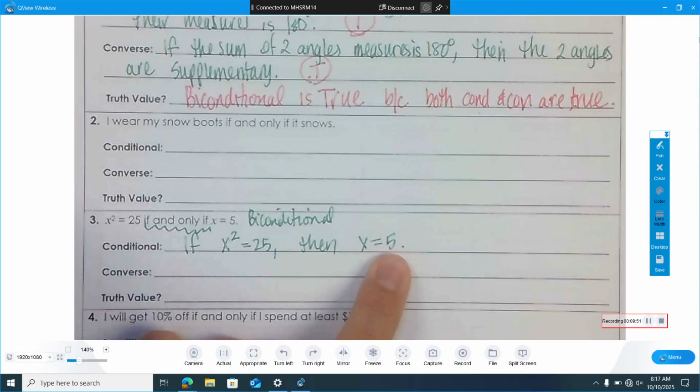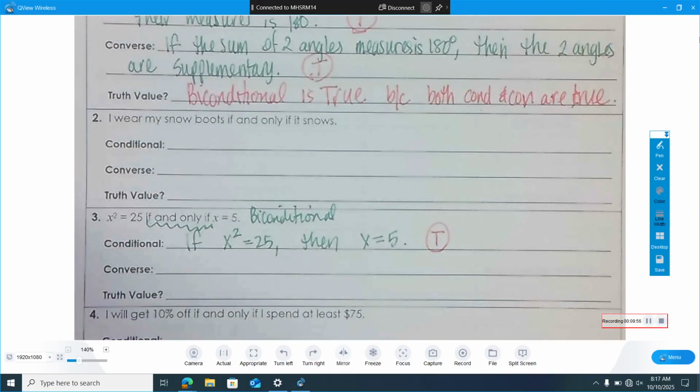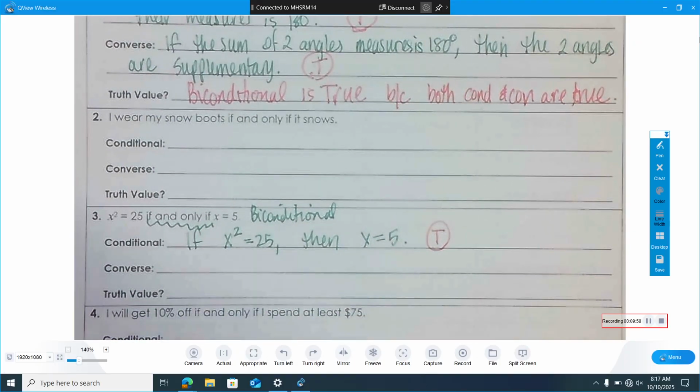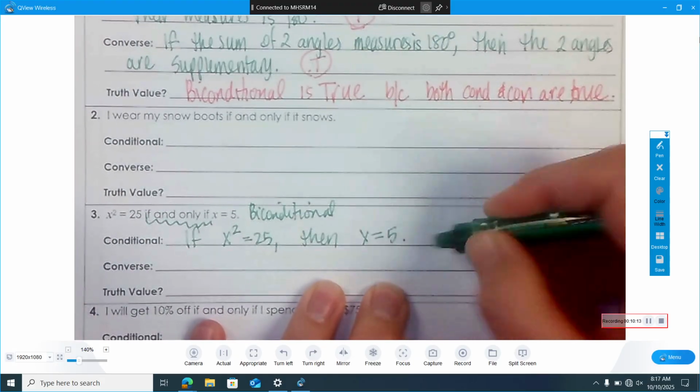True or false? That's true, because if I take the 5, 5 squared equals 25. That is a very true statement. Oh, that's not true. Oh my gosh. Sorry, I'm going to come back to that. We'll talk about that in just a second.